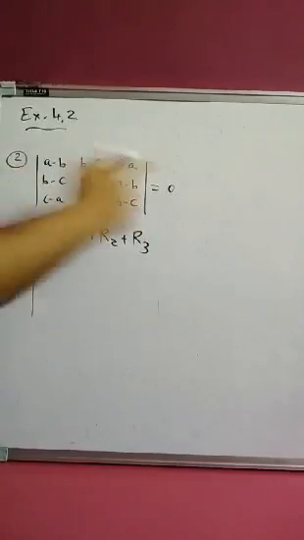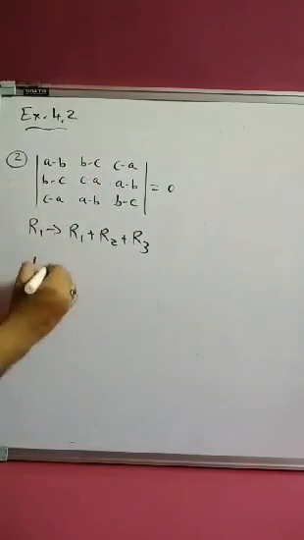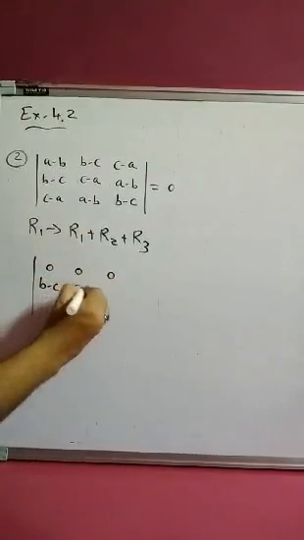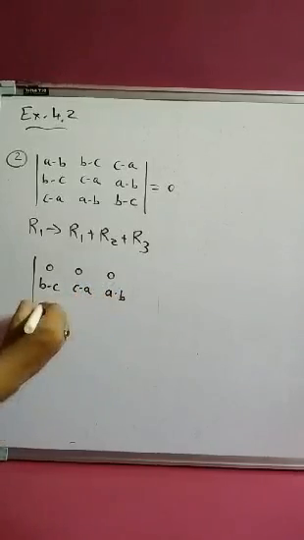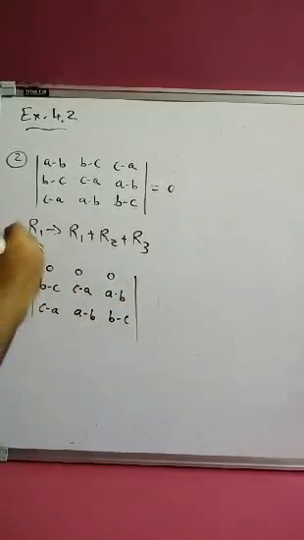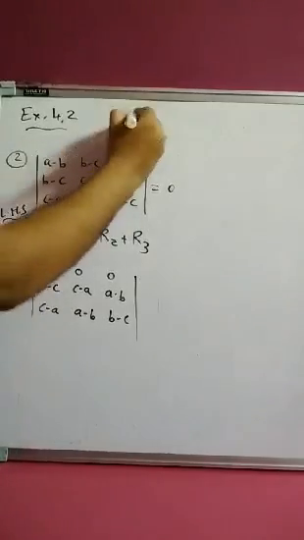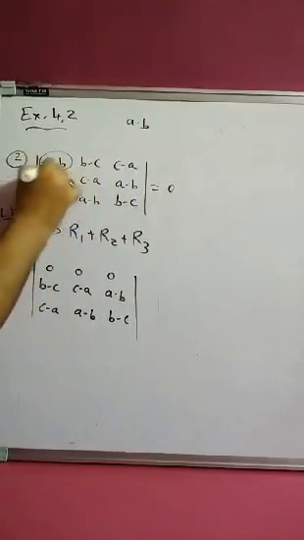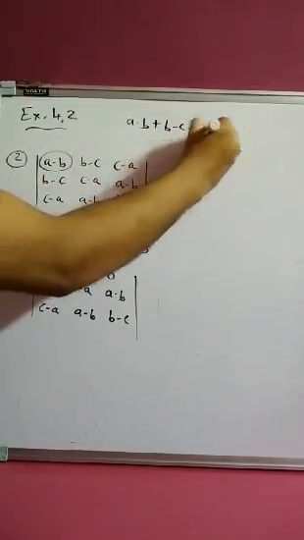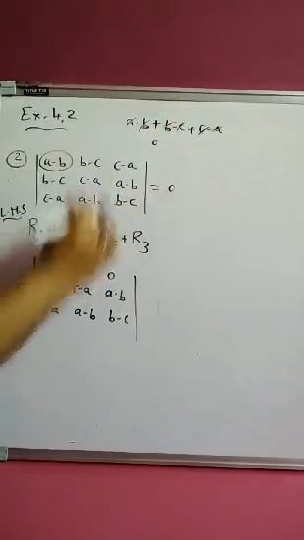So if you add row 1 plus row 2 plus row 3, you will get 0 here, 0 here, and 0 here as well. You can try this. For the first column, A minus B plus B minus C plus C minus A gives 0, and the same way for the other two columns.